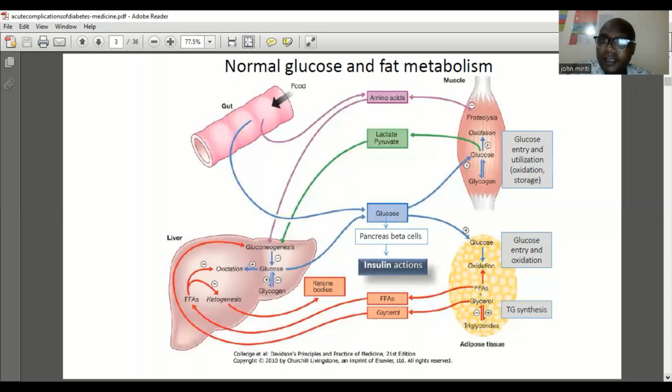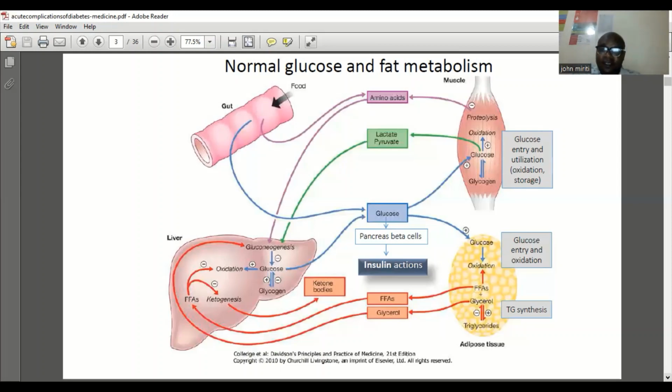Can be converted into lactic acid and pyruvic acid, and then goes back to the liver for storage. In case there is production of lactic acid, it can go to the liver, which can initiate the process of gluconeogenesis. This gluconeogenesis results in a conversion to glucose, and these glucoses can be oxidized, and that means now that the liver starts producing glucose.